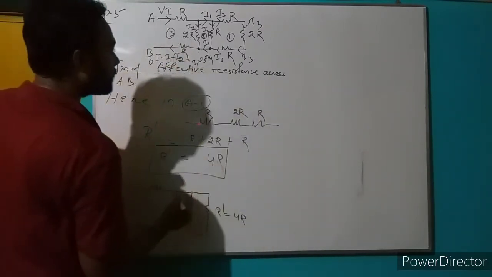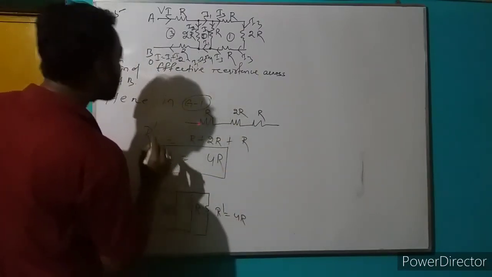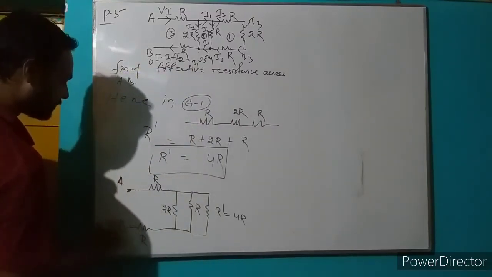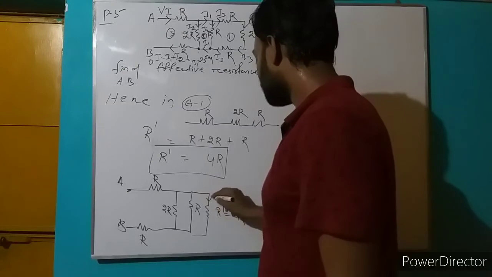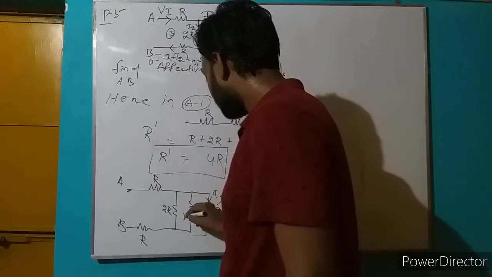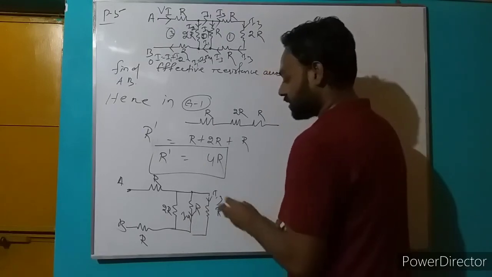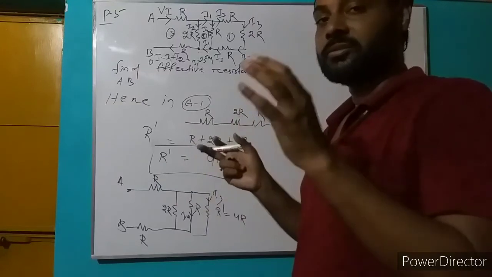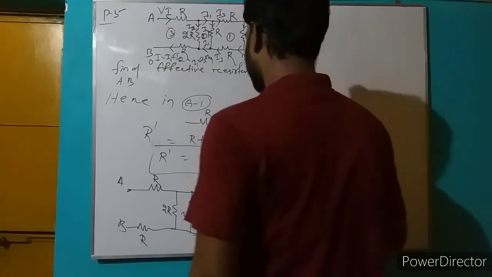Here is R, here is 2R, here is R, here is R, that is point A and that is B. That circuit carries I3 and that circuit carries I4, so I3 and I4 are different currents. As you know, in a parallel connection the current becomes distributed, so each branch current is different, and they are represented as a parallel connection.